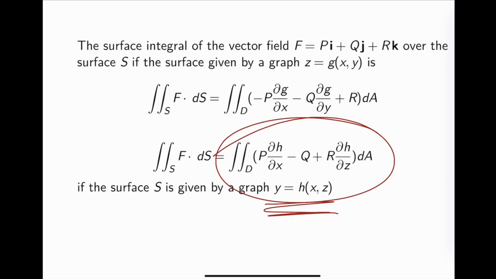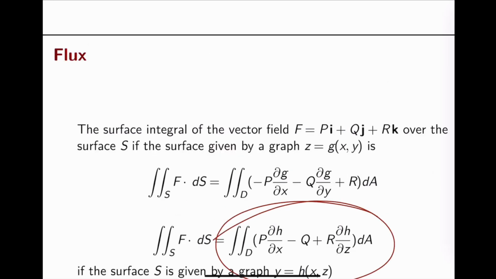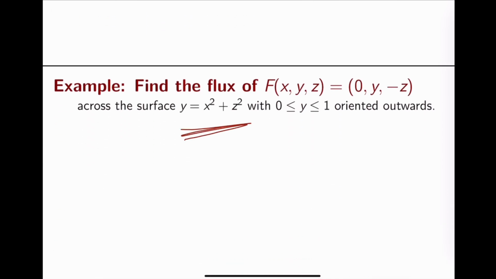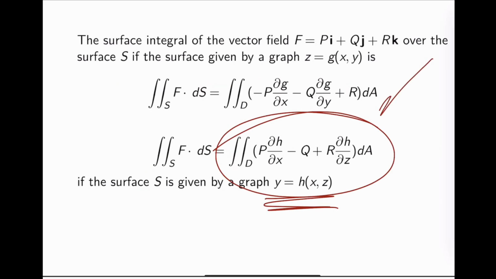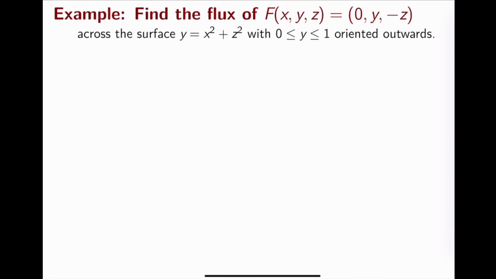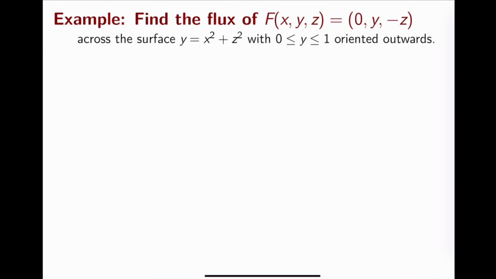Okay, so let's apply this formula in the actual problem that we just solved. Since in the previous problem, the function that we actually defined in parametrics is actually defined as a function, right? y as a function of x and z. Let's apply then this formula, since y will be a function of x and z, and solve again the same problem now with this formula.